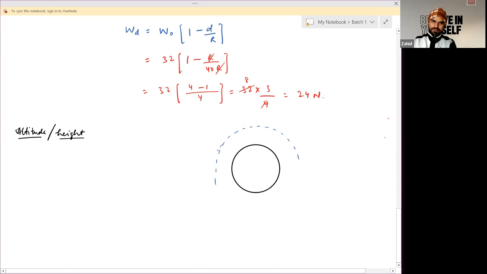Let's say at this point. From the center, the distance to the surface point is R, and the height is h. So the total distance from the center to this point will be small r, so small r equals R plus h.